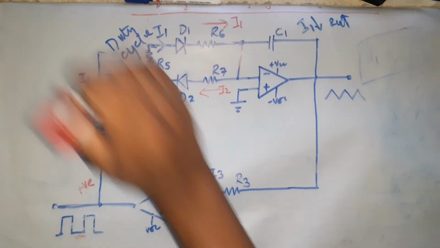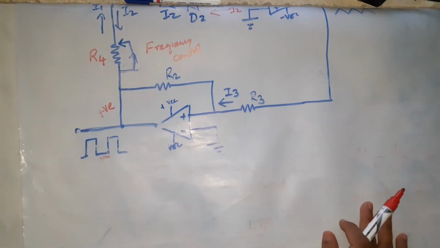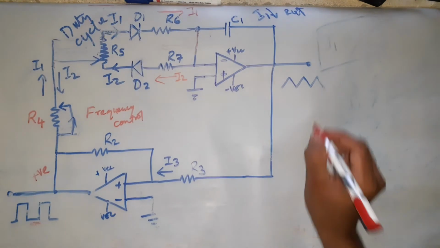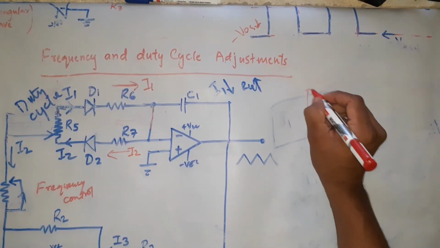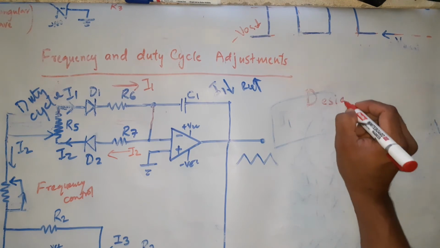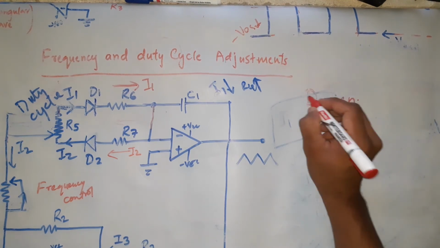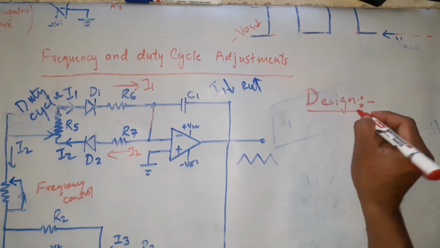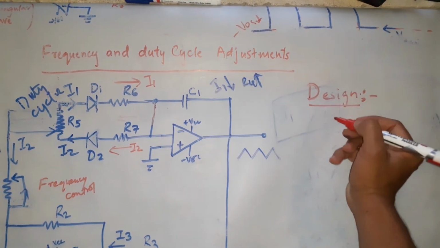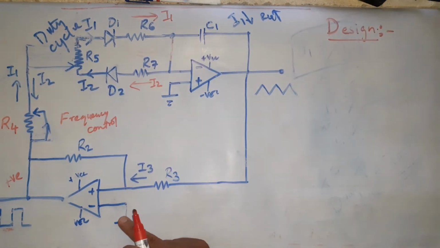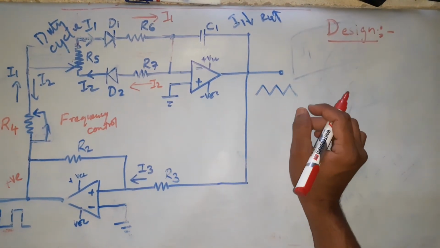Yes, let us have the design consideration for this. Let me start from here. Now, we are using one integrator and one Schmitt trigger, right? So let us start with Schmitt trigger.